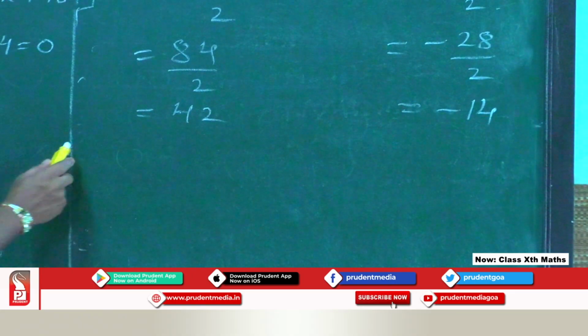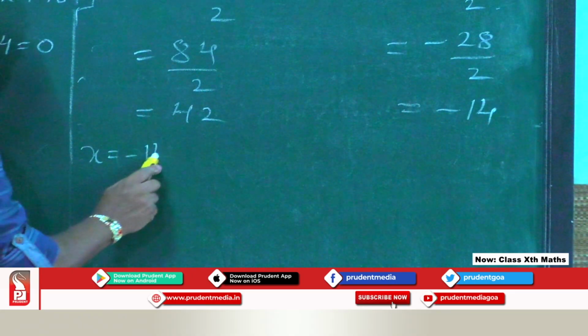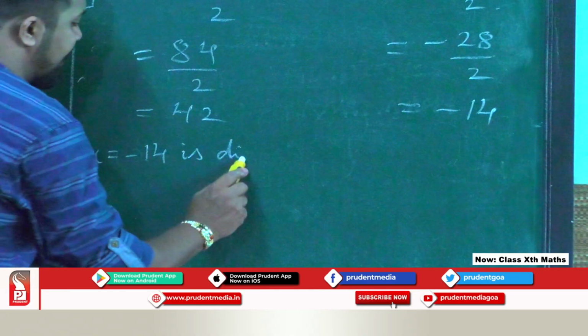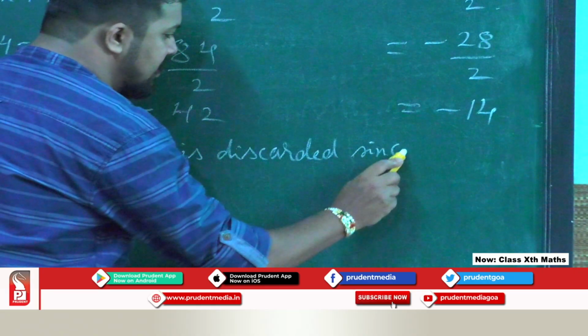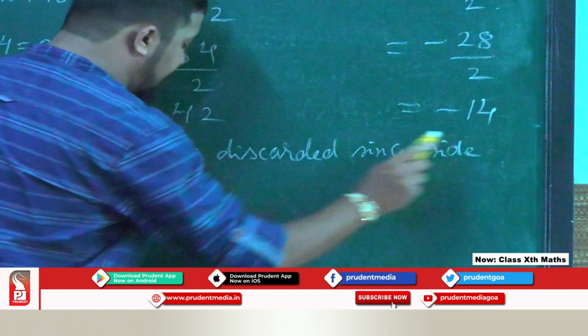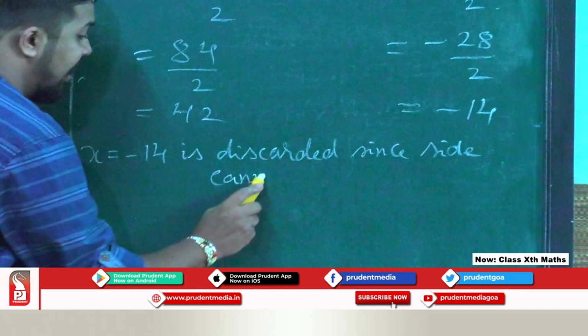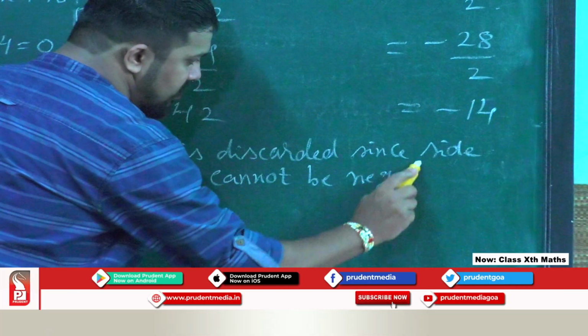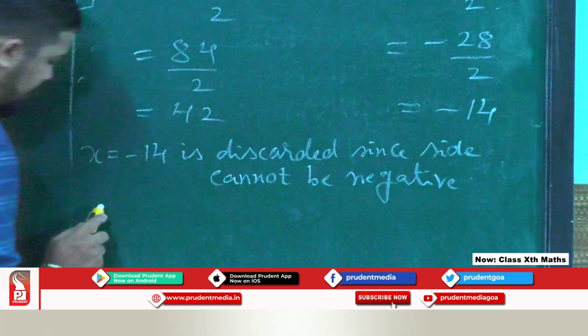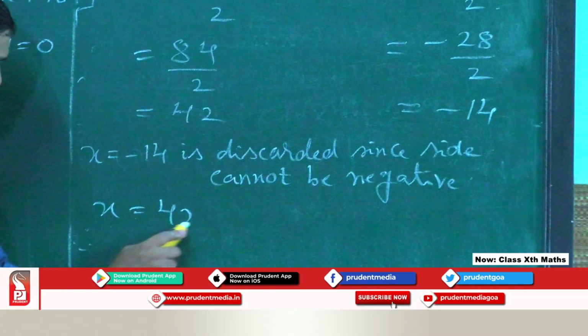So x equal to minus 14 is discarded since the shorter side cannot be negative. Therefore x is 42.